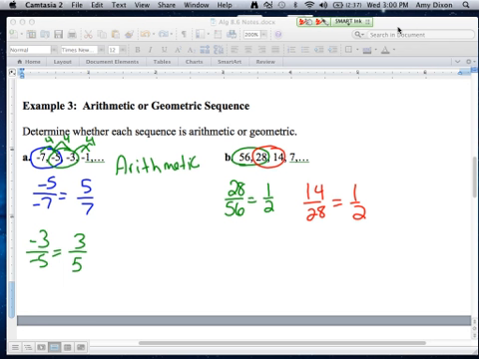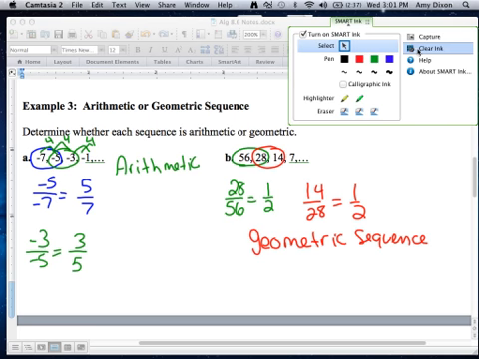So this one is going to be a geometric sequence. So that's how you can tell the difference. If you're multiplying or dividing by the same number every time, it's geometric. If you're adding and subtracting the same number each time, it's arithmetic. So that's how you can tell the difference between geometric and arithmetic.